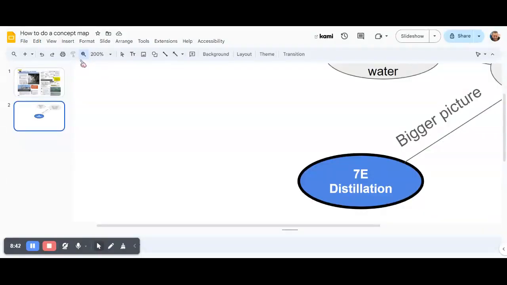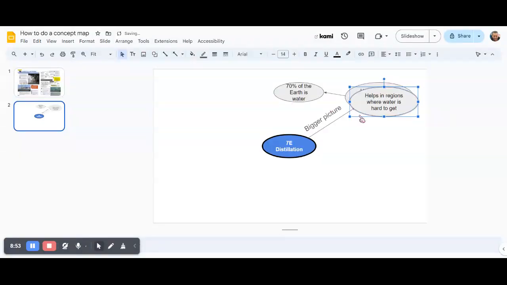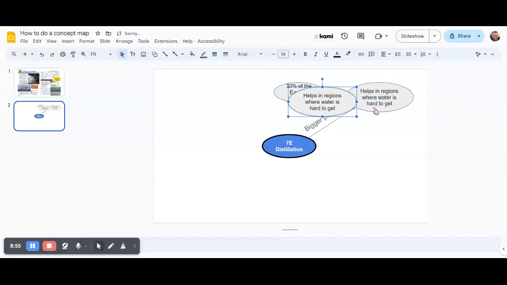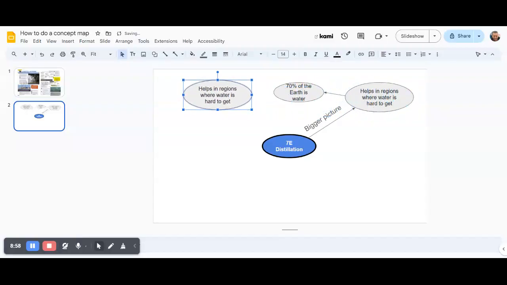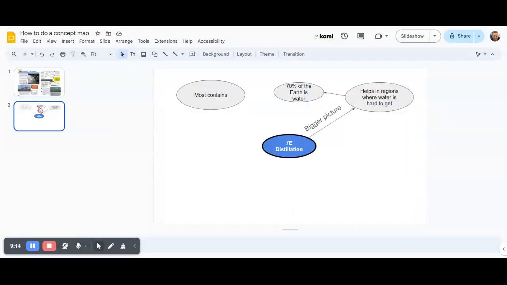So back to our concept map. Let's do another line here, and we'll also do another little point in the concept map. Going back to the paragraph: most of this is seawater, which contains too many solutes to be safe to drink.